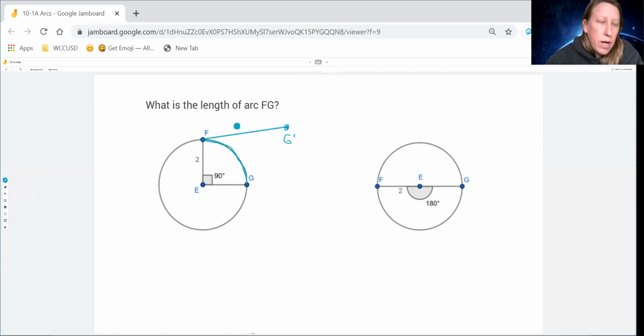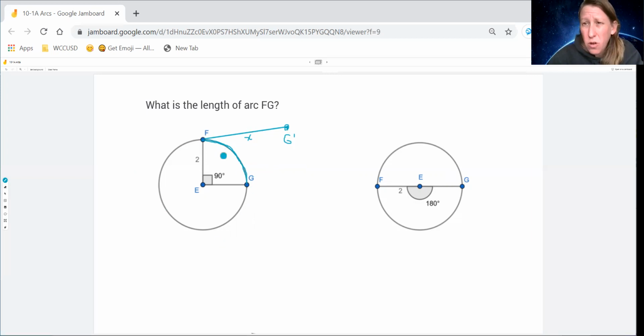I want to know how long that is. I'm going to call it X. If it was a string and I pulled it straight, how long would that be? Well, in order to do that, it's part of the circumference, right?